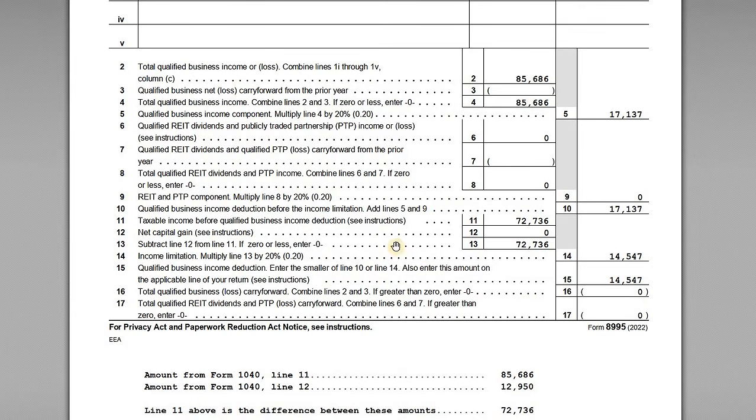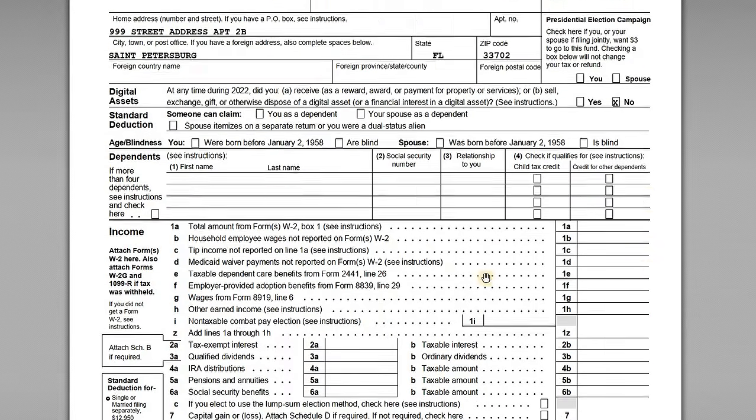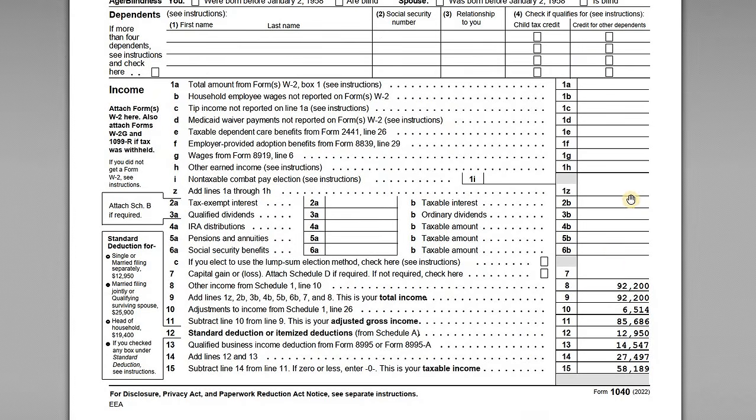And so John looks here to calculate, okay, I need to fill out what's my taxable income before QBI deduction, line 11, and then input any amounts that I might have from net capital gains. Well, if we look at John's page 1 of his 1040, he doesn't have any investment income. So there's no interest income, there's no capital gains. So all he needs to do is figure out, well, what's my taxable income before the QBI deduction, and then I can go forward from there.